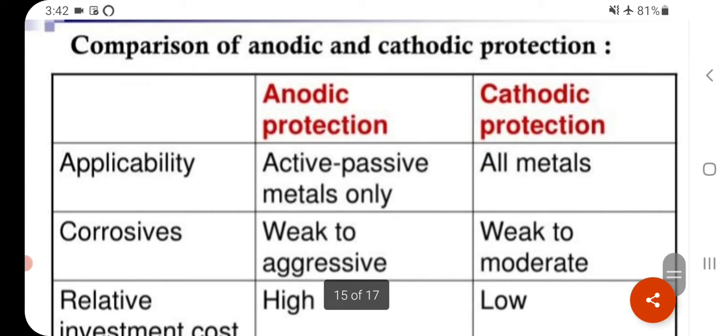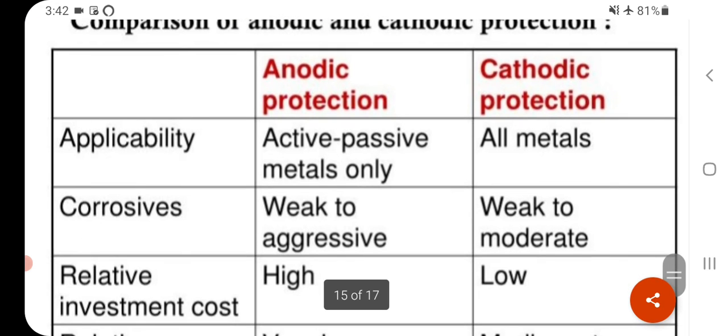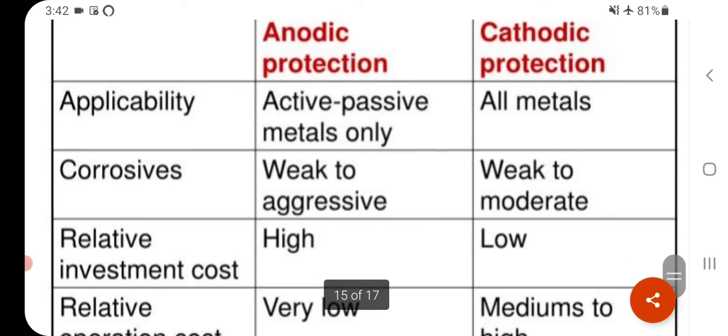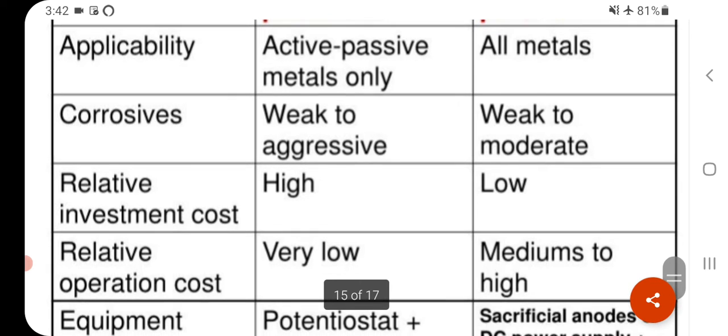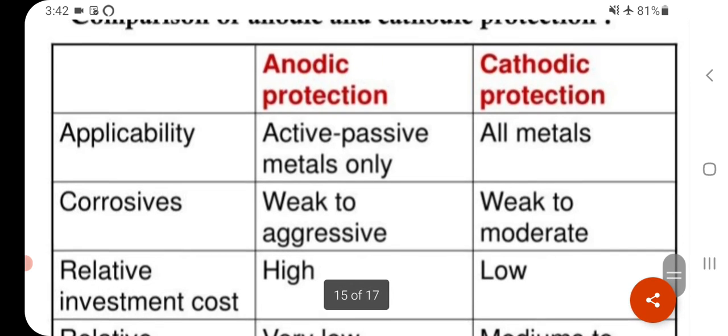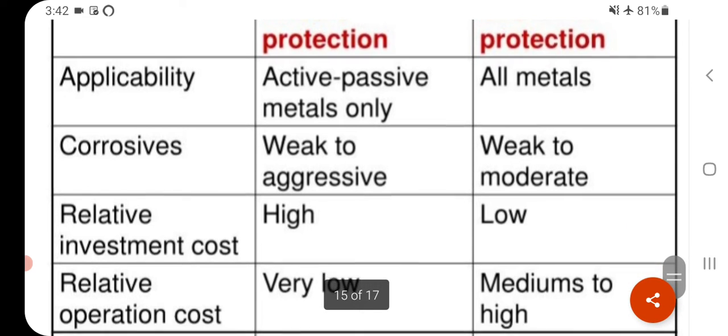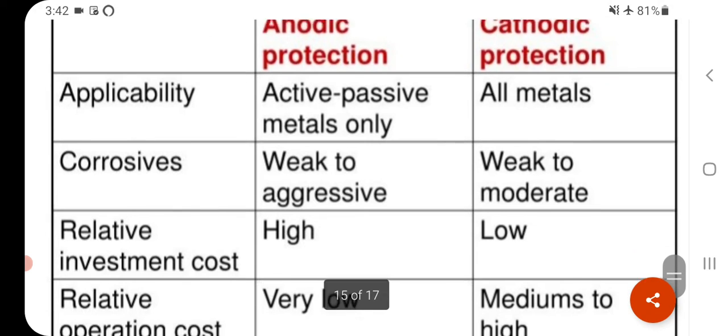Comparison between anodic and cathodic protection. First, anodic protection applies to active-passive metals only, while cathodic protection applies to all metals. Corrosives: weak to aggressive in anodic protection, weak to moderate in cathodic protection. Cost is high in anodic protection and low in cathodic protection.